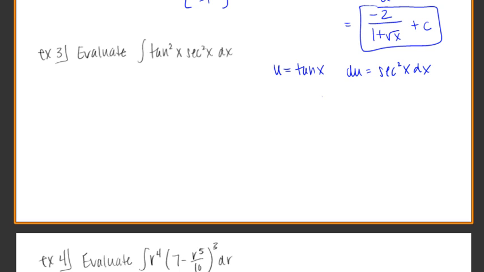So that would help, because that way we can take all of the secant squared x and replace it with du. Otherwise, if I said, let's let u be the secant x, then du would have to be secant x tangent x, right? Gotta think about it there for a second.